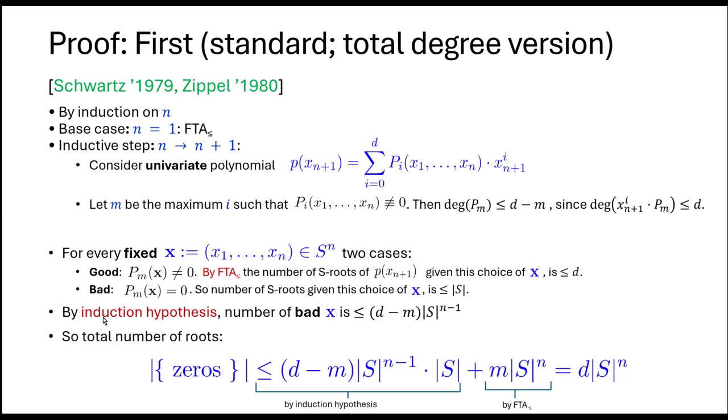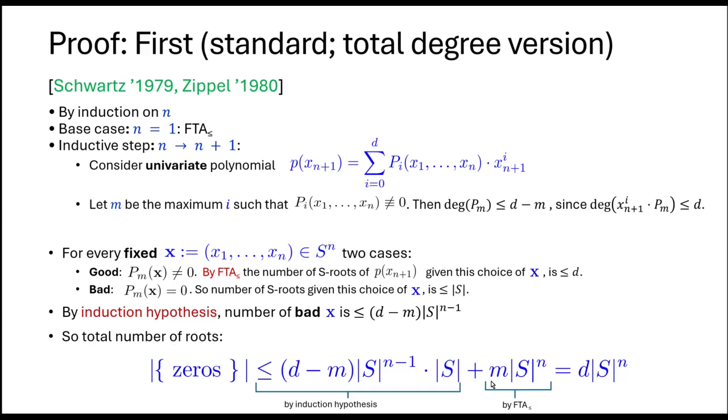But by the induction hypothesis, we can bound the number of these bad x's. The number of these bad x's is at most D minus M, because this is the degree of PM, times the size of S to the n minus 1. This is from Schwartz-Zippel for n variables, the induction hypothesis.